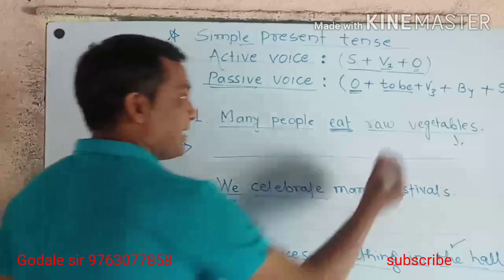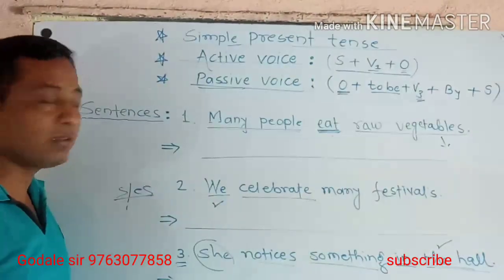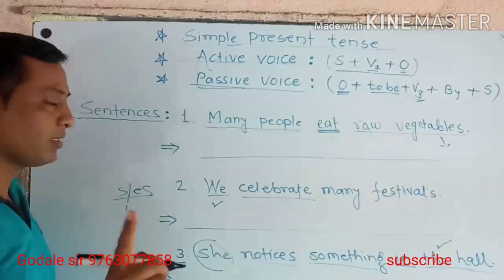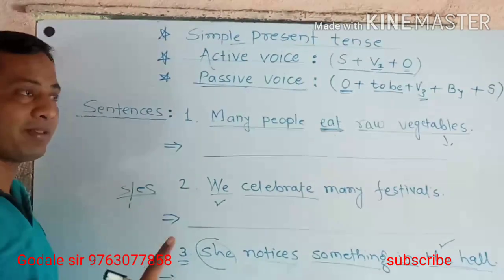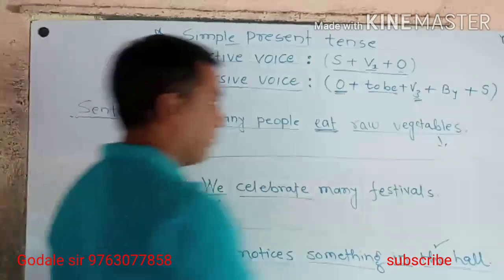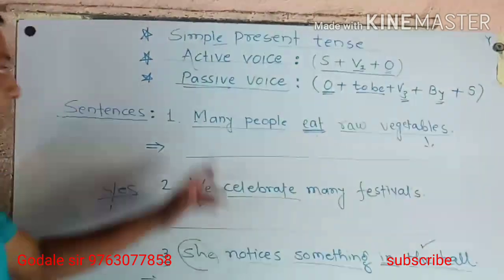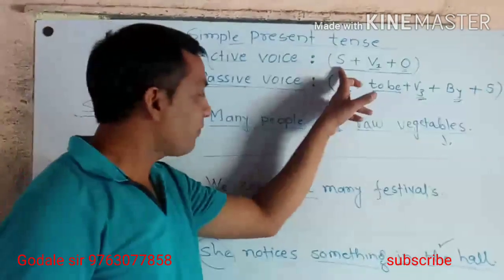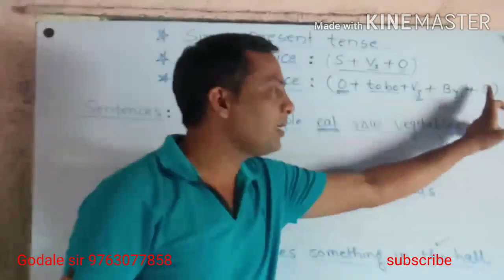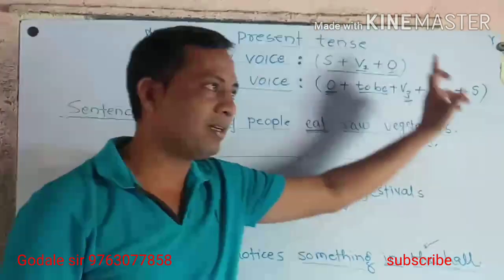And then in passive voice, the main verb always remains in third form. It should be written in third form always. Then "by" is taken, and at last the subject of active voice becomes the object of passive voice. That means it should be written at the last.